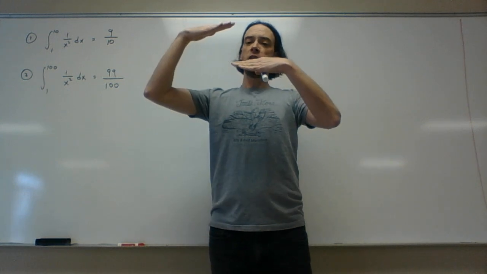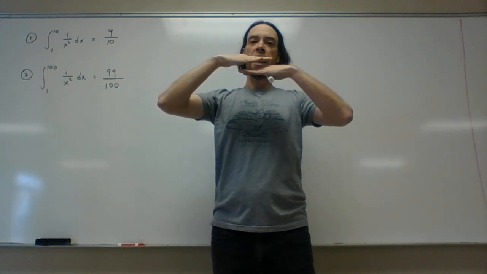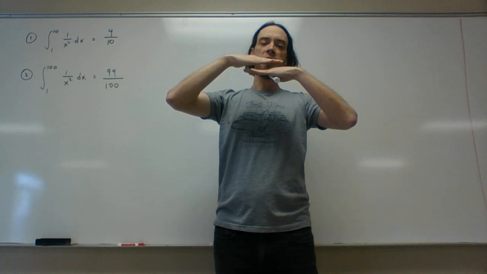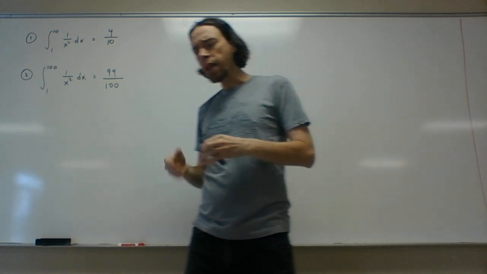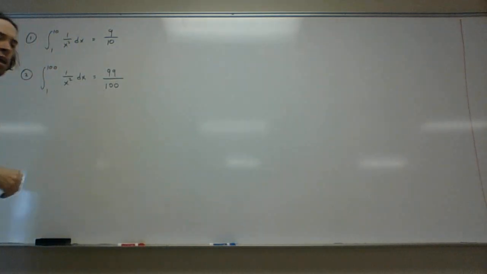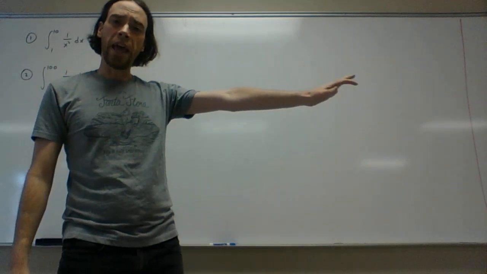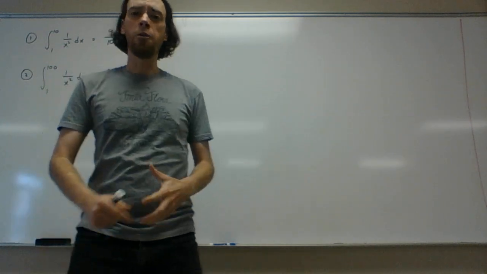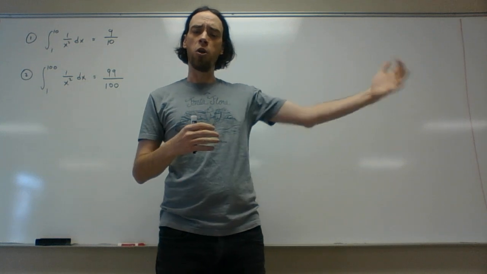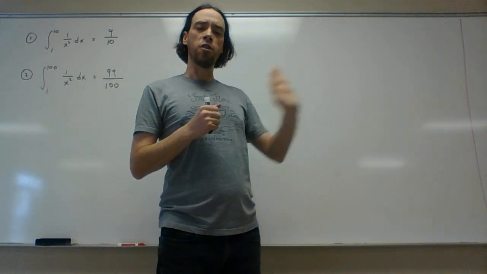That's of course because vertically, as we go out horizontally, that area is getting thinner and thinner. And so what we're going to talk about today is what happens if we go all the way out to infinity, right? We get this unbounded region that goes all the way out to infinity to the right there.